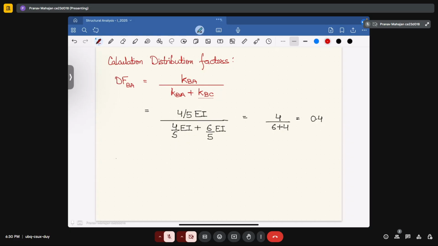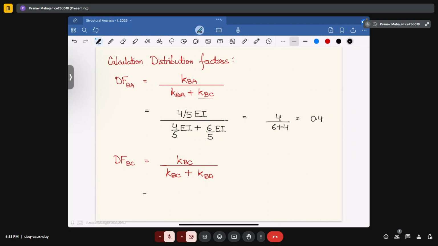So how will you calculate for BC? You will use the same formula: DF of BC is equal to K of BC divided by K of BC plus K of BA.